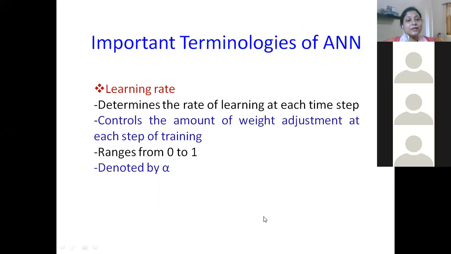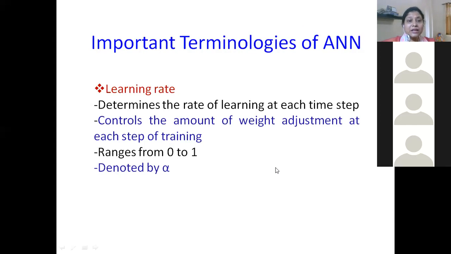Now the last important terminology of ANN is the learning rate. Whenever you follow the weight updation rules, which are associated with multi-layer feed forward networks and with backpropagation neural networks, you will find a terminology called learning rate.